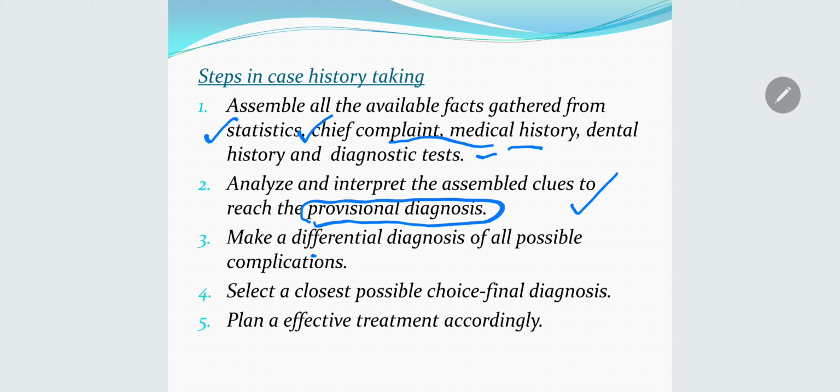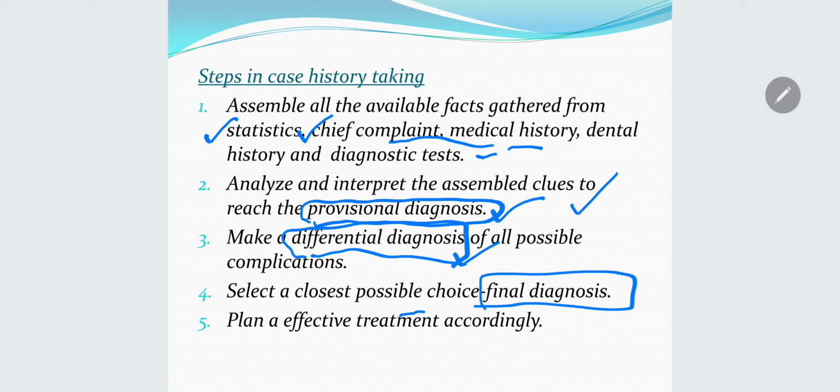Then after the provisional diagnosis we have to think of other diagnoses also, because it is not a final diagnosis. So we can think in the other way also, like other than this disease, which other disease can occur. That type of diagnosis is called a differential diagnosis. This differential diagnosis is given for all possible complications. First, seeing the case history you give the provisional diagnosis, then you make the differential diagnosis, and finally we can give the final diagnosis.